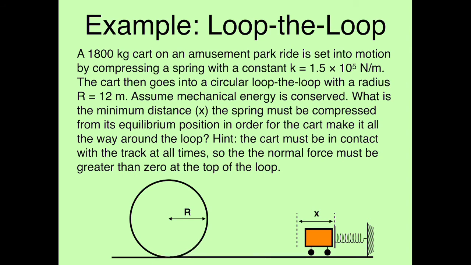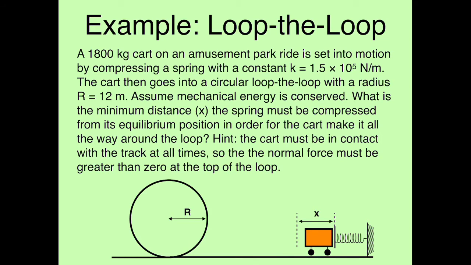On the other hand, if x is really big, so we compress the spring a lot, the cart is going to be moving very, very fast as it shoots out of the spring, and it will easily make it around the loop, no problem. So there's some minimum distance we need to compress the spring such that the cart will actually make it around the loop. That's what we're trying to find.